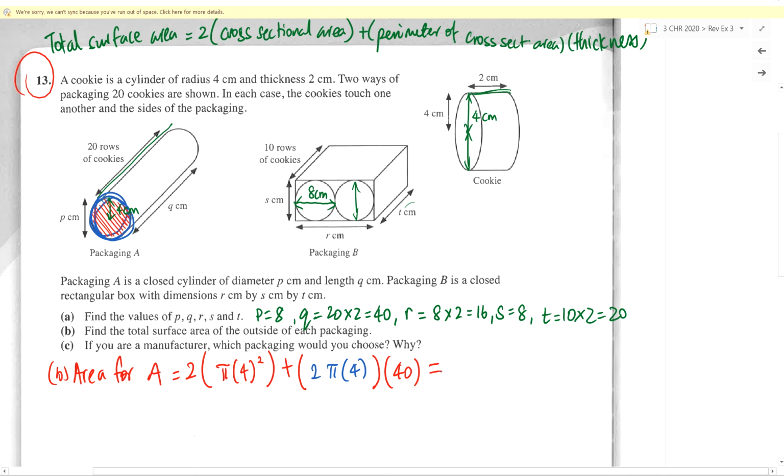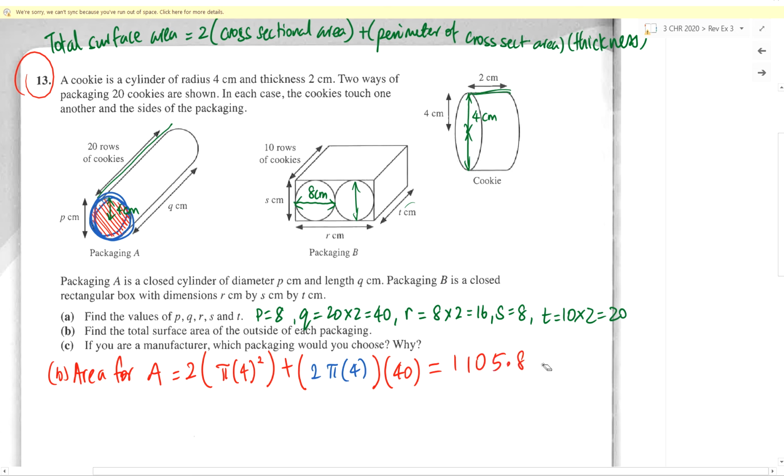Now we're ready to calculate. Put everything into your calculator. 2, open bracket, I see a pi, put it in. 4, close bracket, square, plus 2 pi 4, 40. 1105.84.